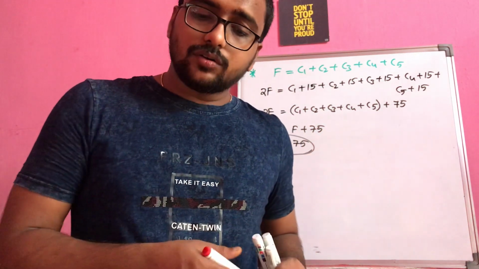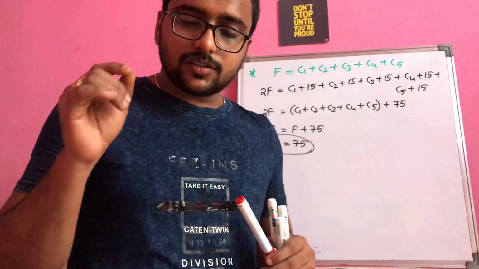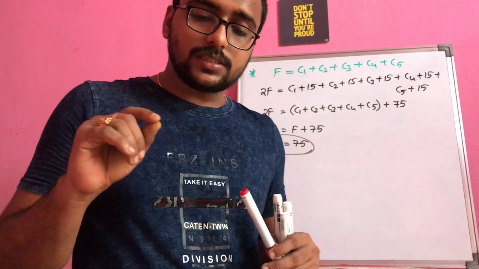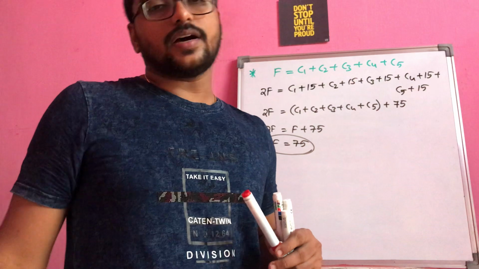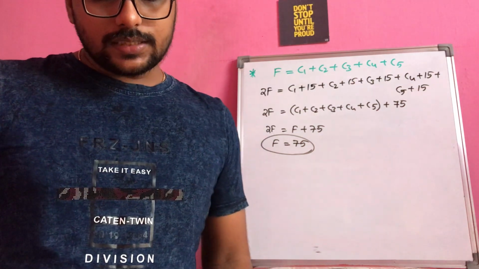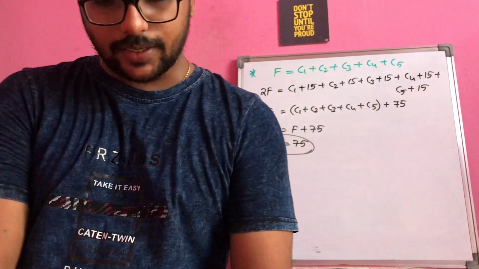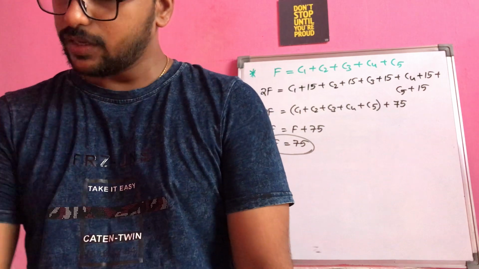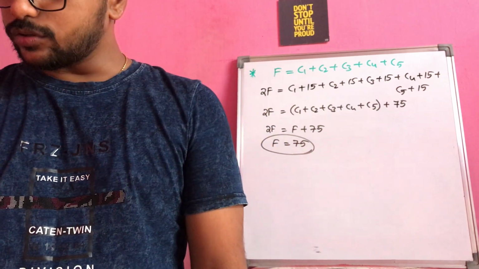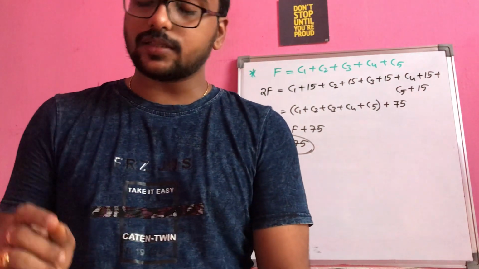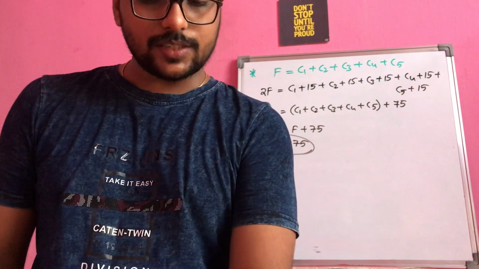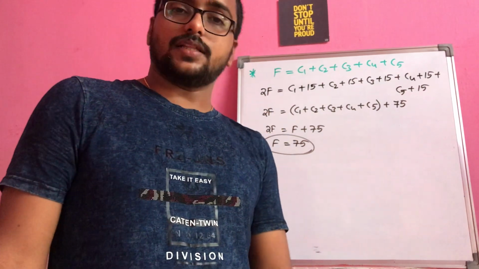10 years ago, sum of ages of 2 sons was 1/3 of their father's age. So what they are saying, 10 years ago, right? Now see, 10 years ago, sum of their sons' ages was 1/3 of the father's age.